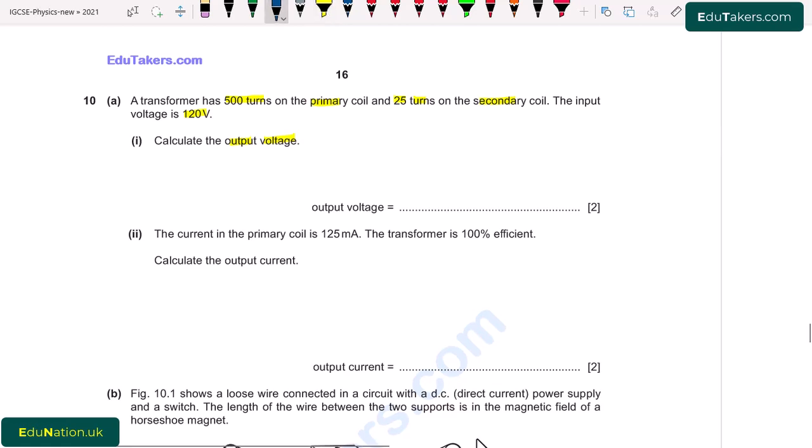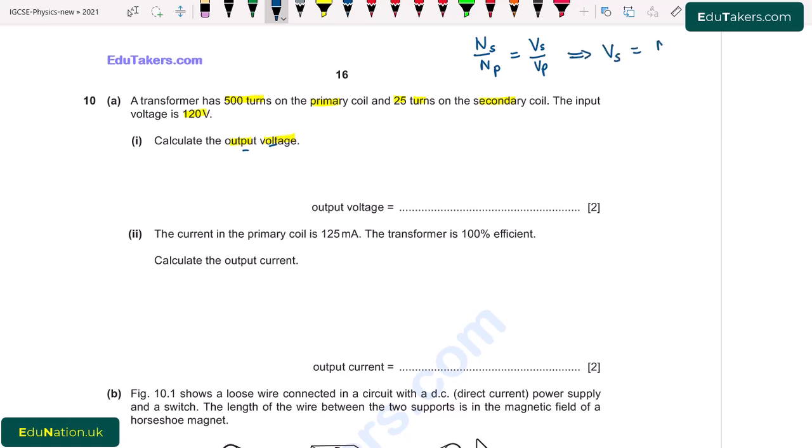So we know that the ratio of the voltage is equal to the ratio of number of turns. I can simply write as Ns over Np, that is turn ratio. Turn ratio of secondary to primary will be equal to the voltage across secondary to voltage across primary. Here we have to calculate the output voltage. It means that we have to calculate the secondary voltage.